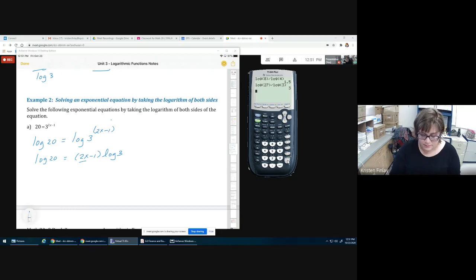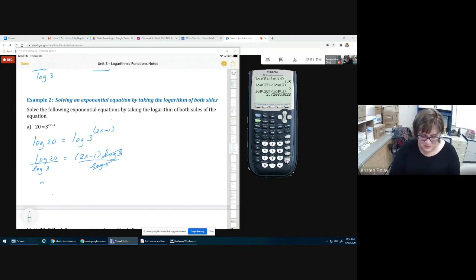Now I'm going to divide both sides by log 3 to get rid of it on this side. So here we've got log of 20 divided by log of 3, and sad to say you're going to get decimals.